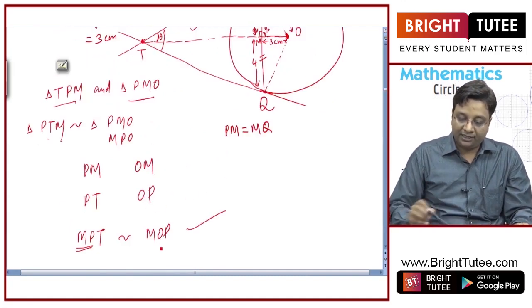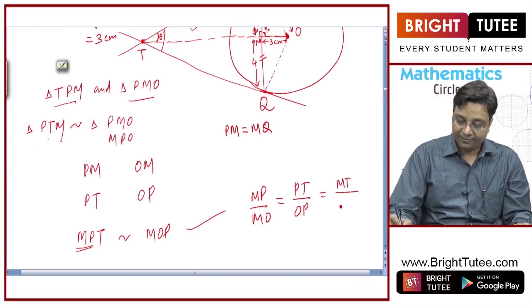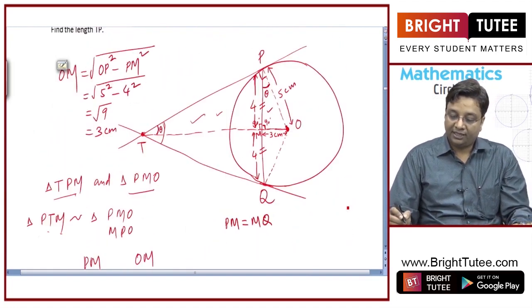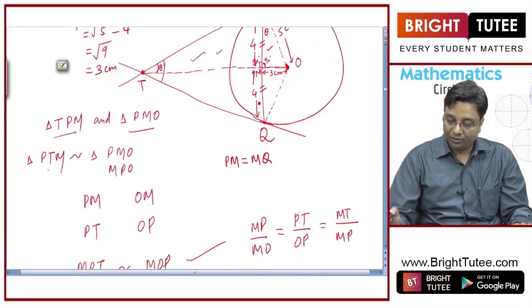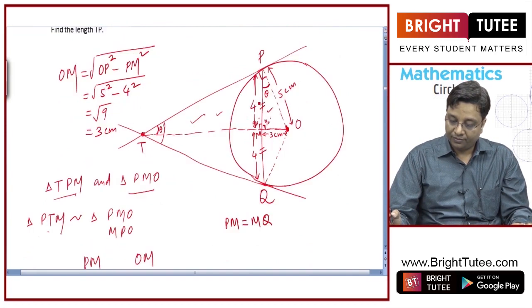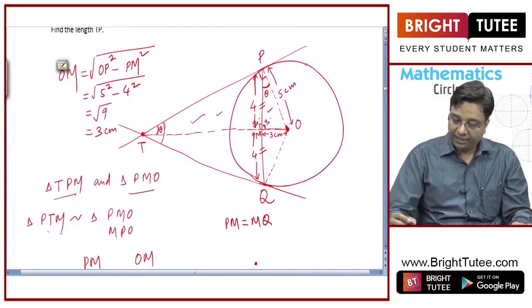Now if these two triangles are similar, we can say MP by MO is equal to PT by OP is equal to MT by MP. So what are the sides that are known to us? OP is 5, MP is 4, and OM is 3.